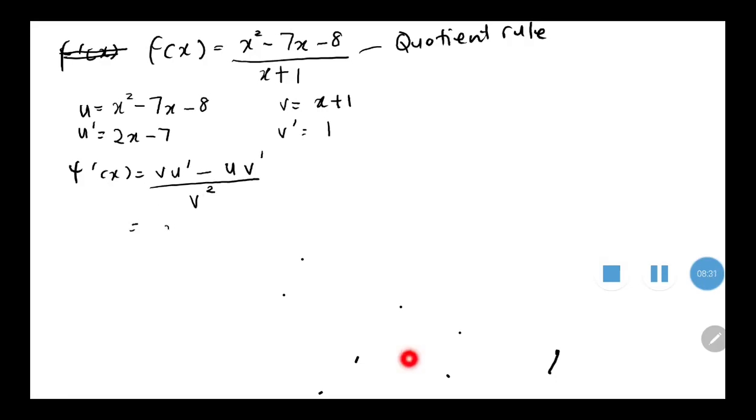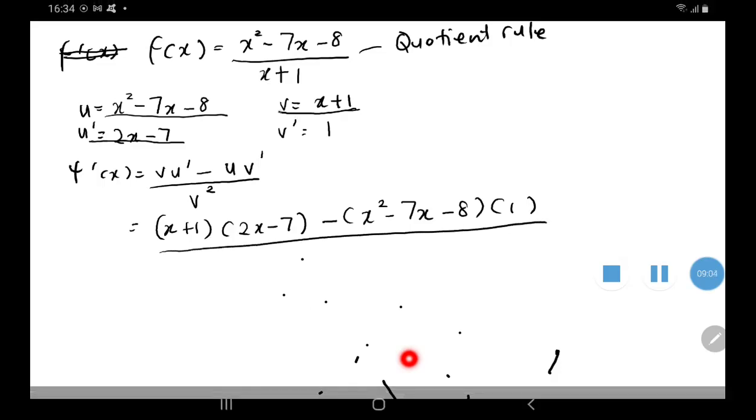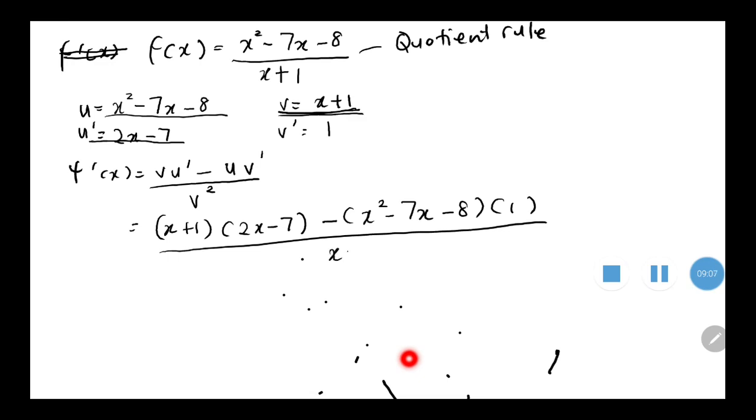So it should be v, which is x plus 1, times u prime, 2x minus 7, minus u, x squared minus 7x minus 8, times 1, over v squared. v squared is this one, so (x plus 1) squared.